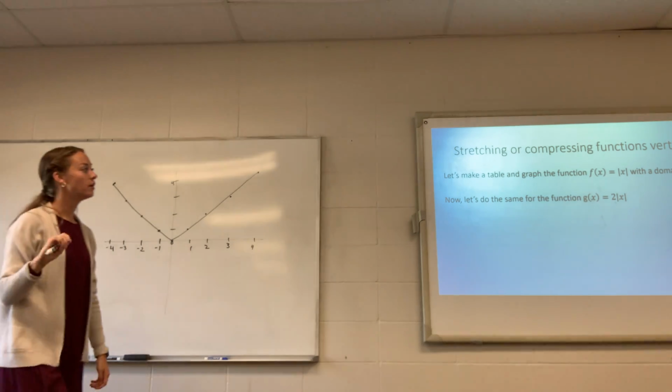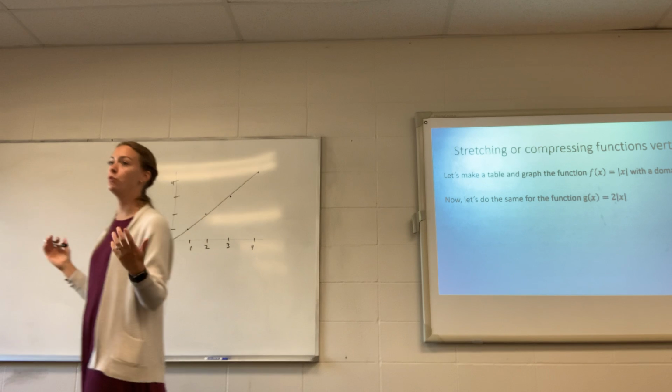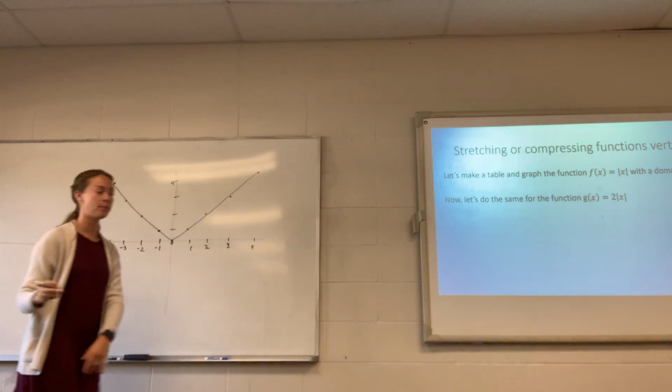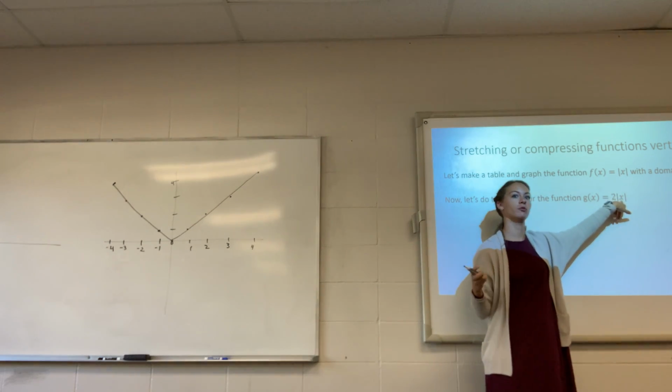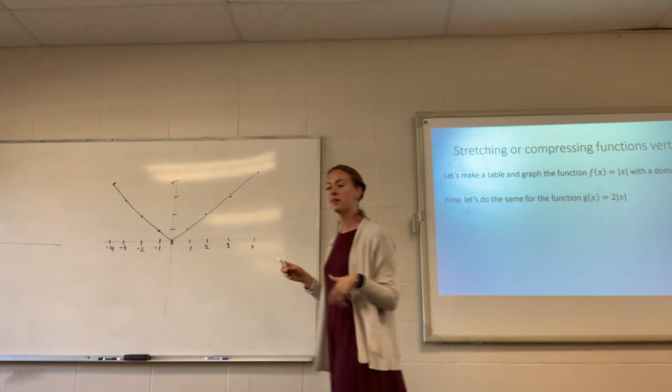Okay, so now it says let's do the same exact thing, but this time we have the function 2 times the absolute value of x. So if I take all of these points, if I take -4 and plug it in right here, the absolute value of -4 would be what, Haley? 4. And then if I take it times 2, I'd have 8.